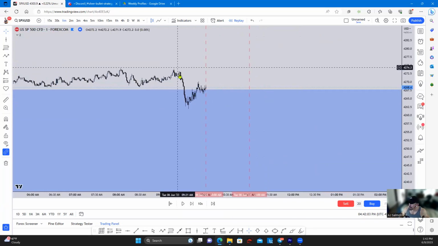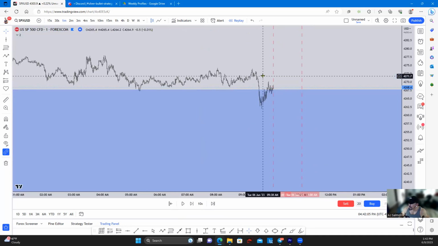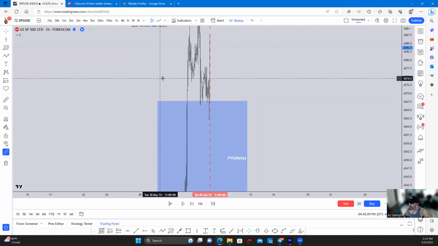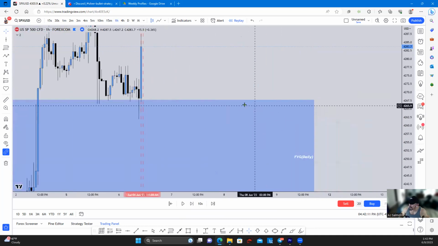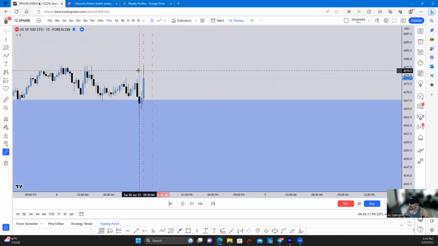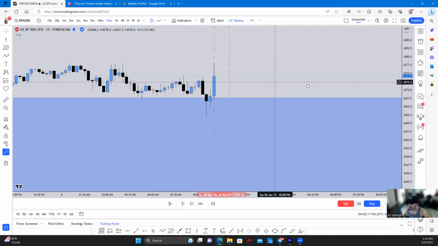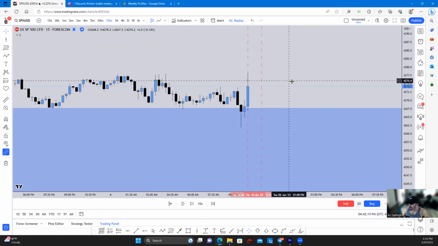So we've dipped into this PD array. We worked from the 1 hour here. This is where we last left off. So let's go to the 15 minute. We see that we have this bullish candle here.